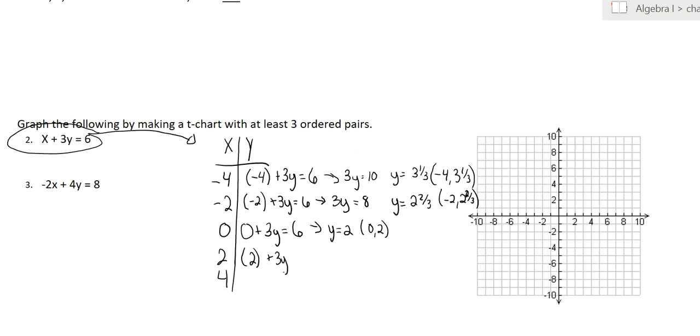I'm going to solve for y. I'm going to get 3y equals 4. Y equals 1 1/3. So the coordinate point is 2, 1 1/3. And I'm finally going to put in 4.